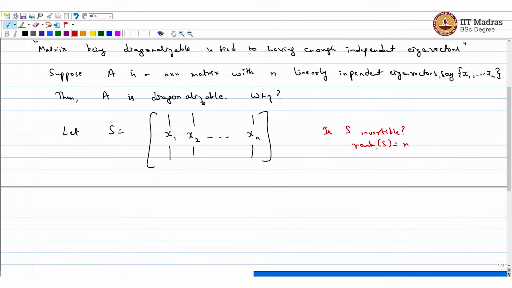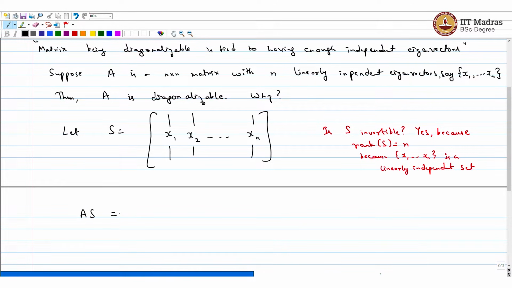Rank of S is n because x1 to xn is a linearly independent set. So, it has full column rank and it is an n-cross-n matrix we are looking at. We are looking at vectors in n-dimensional Euclidean space.